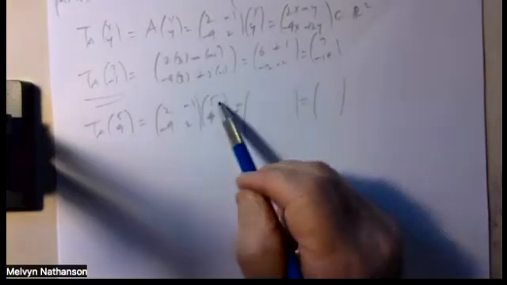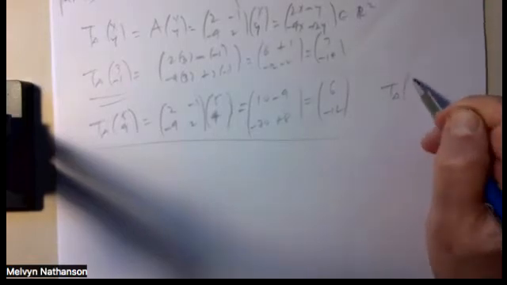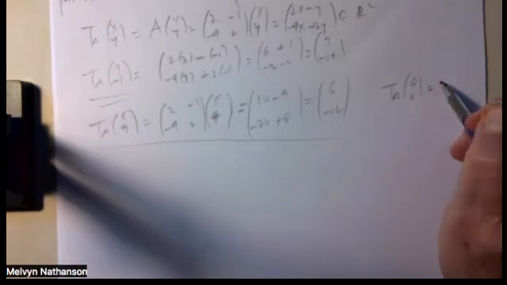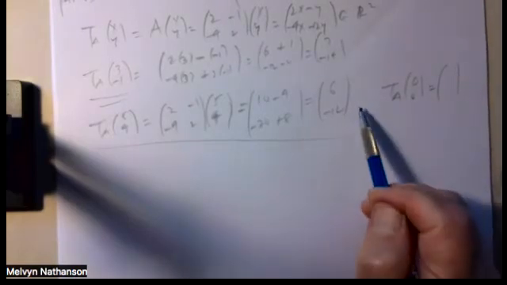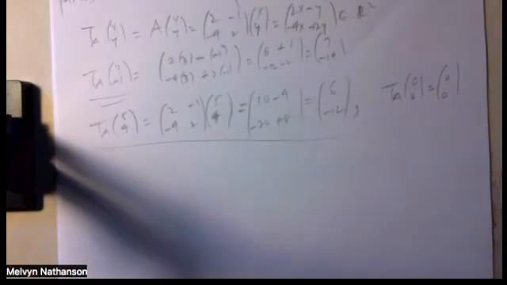When you multiply this, you get 10 minus 4 for the first coordinate, minus 20 plus 8. So this is 6, minus 12. What is T sub A of 0, 0? Zero. Yeah, 0, 0. Good.